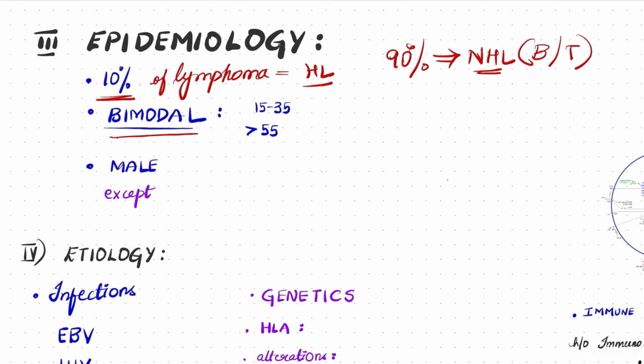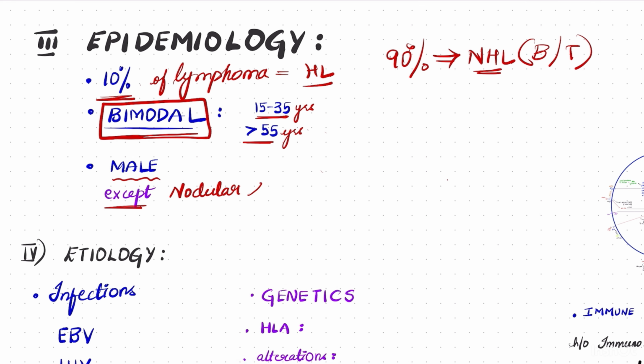That means the first peak occurs in young adults, between 15 to 35 years, and the second peak is seen in the elderly above 55 years. Hodgkin's lymphoma has a male predominance, most commonly occurring in males, and there's an exception to this gender pattern: nodular sclerosis.